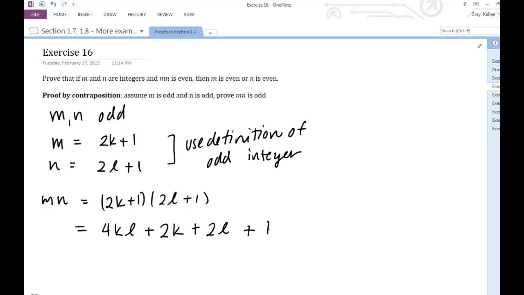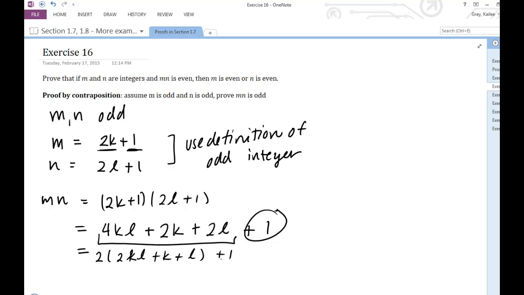So we actually get 4 terms. This looks funny, but we still have an even number plus 1, and that's all we need: 2 times some integer plus 1. So 2 times (2kl plus k plus l) plus 1, right? 2 times some integer plus 1. So we've written it in the form of an odd integer. And that's it. We've proven the statement.